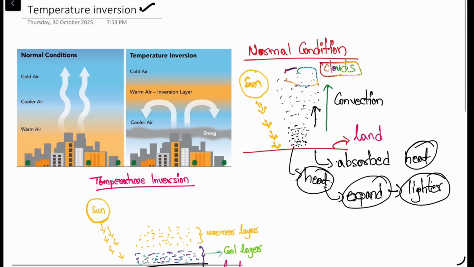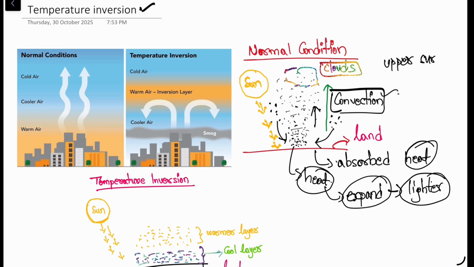While they are moving, they are also expanding and traveling upwards, and this travel upwards is called convection. While the lighter particles are traveling upwards, the heavier particles around will be traveling downwards, and this process is called convection.